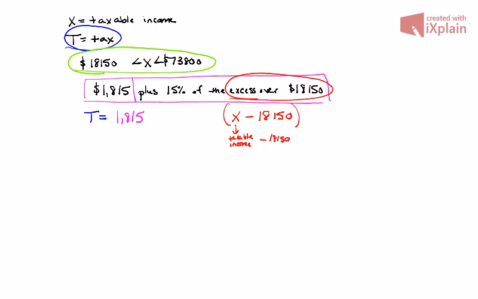Notice that it says 15% of the excess. So if you recall, we had mentioned the word of in a previous video. What does of mean in mathematics? Specifically, it means a specific operation. And when I say operation, I'm saying addition, subtraction, multiplication, or division.